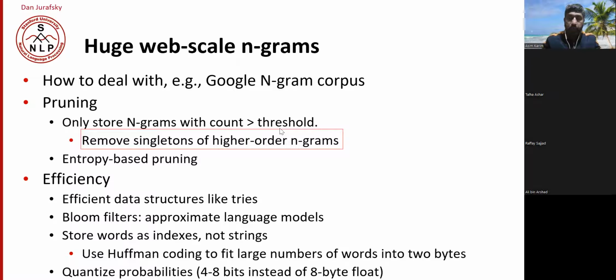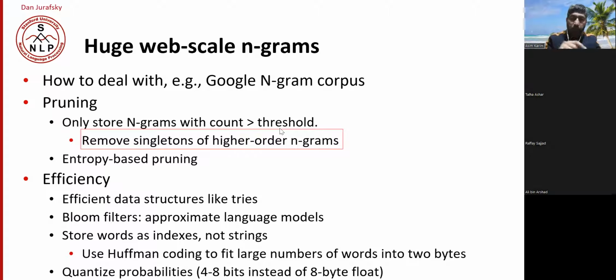So if, for example, a higher order n-gram has a value which is meaningful above the threshold, let's say we are talking about bigrams, and a bigram has a count of 10, which is greater than our set threshold, then we will not keep its unigram.